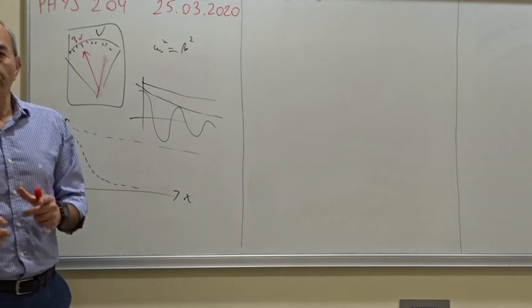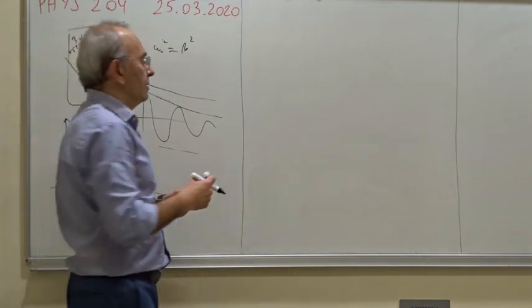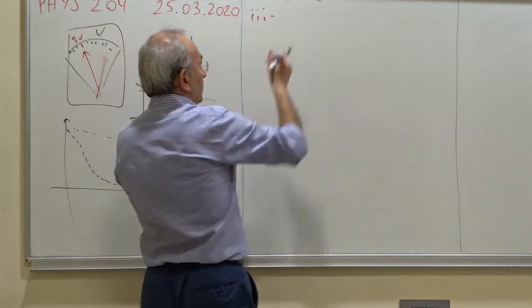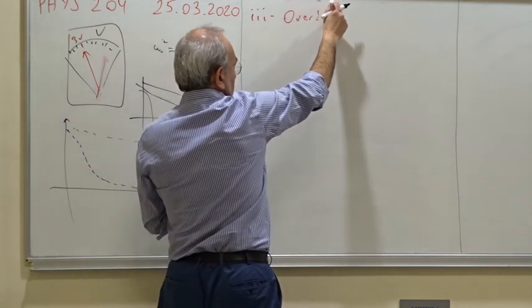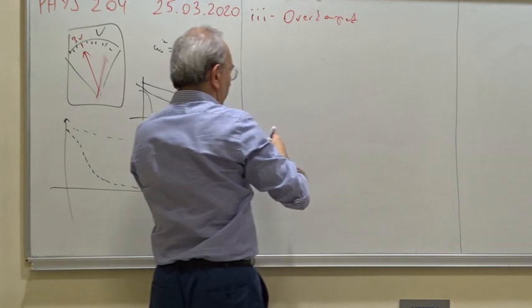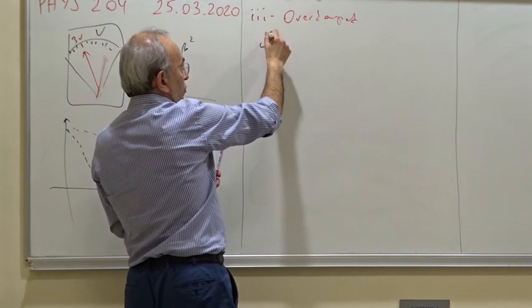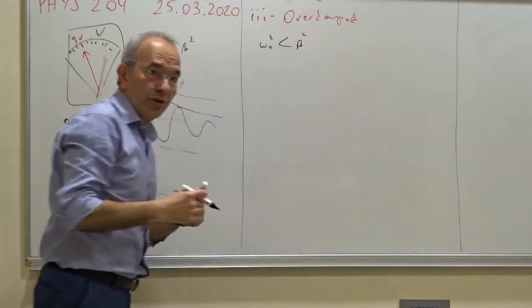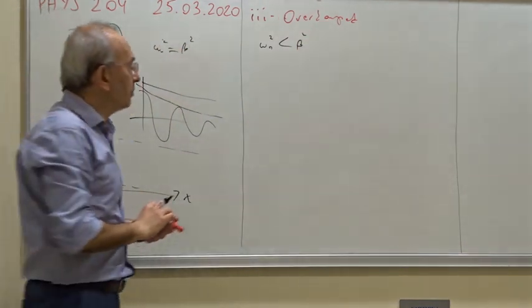We also have the third type, which is the overdamped case. In the overdamped case, we said that omega 0 squared was less than beta squared, so that in the root we have a positive number.